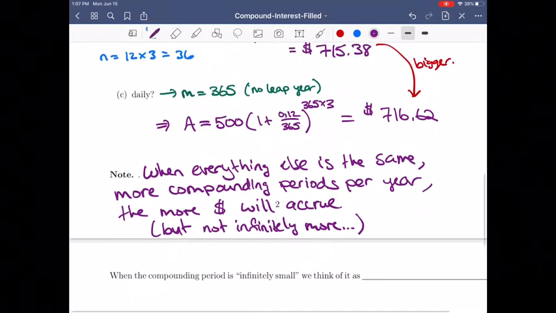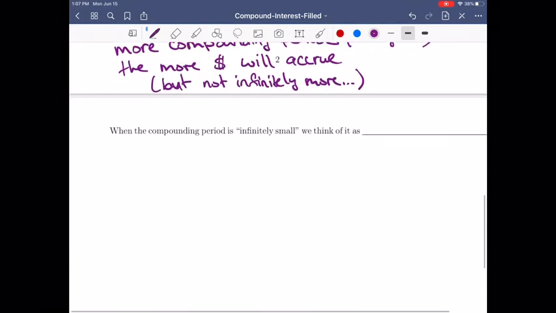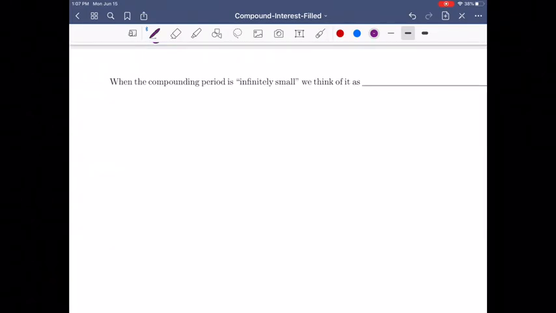So you could do daily, you could do every second, you could do every millisecond, right? This can keep going. So the upper bound on how many compounding periods we can do is we let the compounding period get infinitely small. So you're letting the amount of time between compounding periods go to zero, essentially.